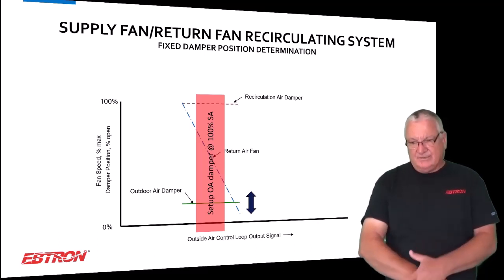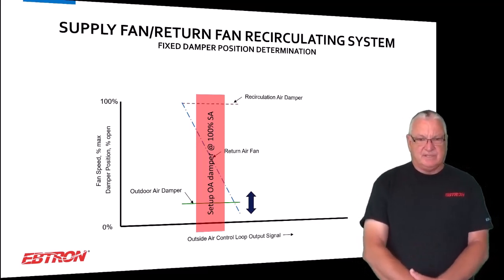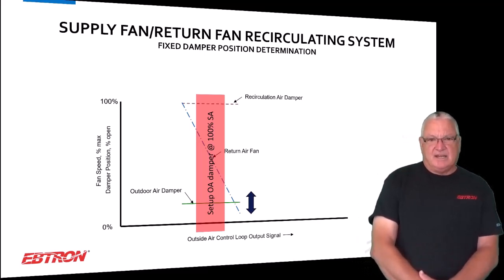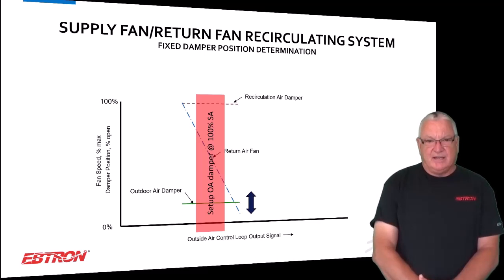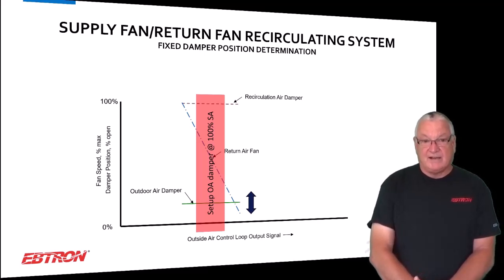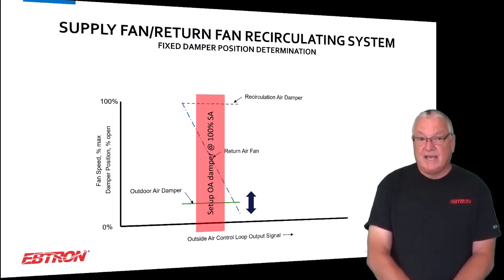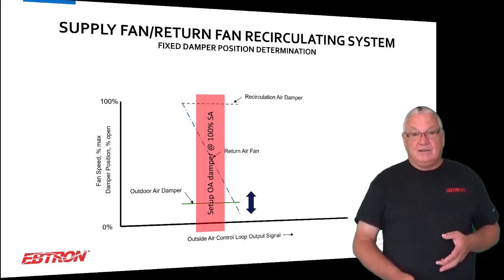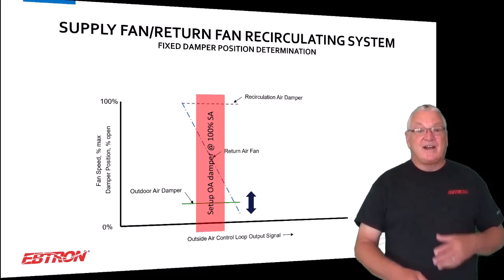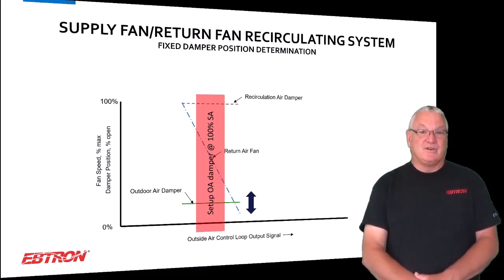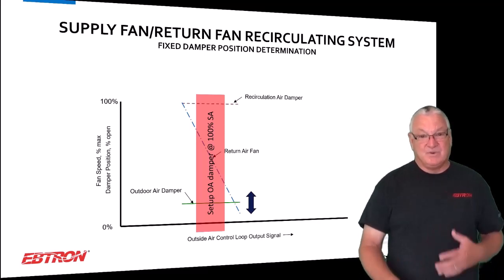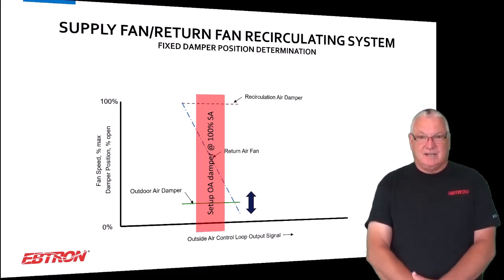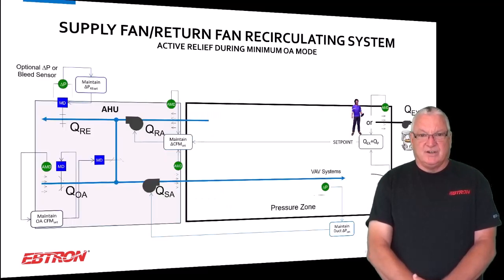A lot of this has to do with fan sizing and if it's properly sized, but in this 80 or 90% range, and then basically we will open the outside air damper until the EBTRON flow meter reads the set point. So those of you that are doing this, make sure that your test and balance people have gone through and are happy with the airflow meter before you start setting things up, okay? Because once you've set it up, you've established this position, and then you're good to go.